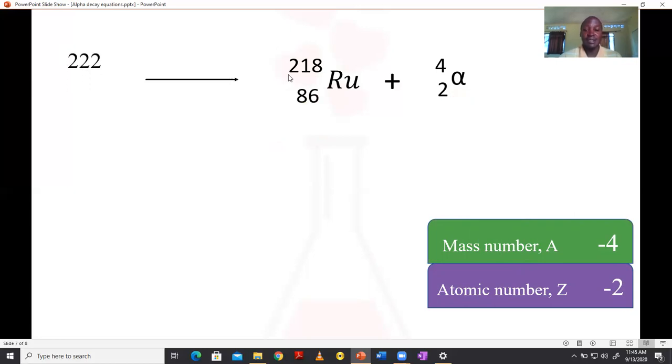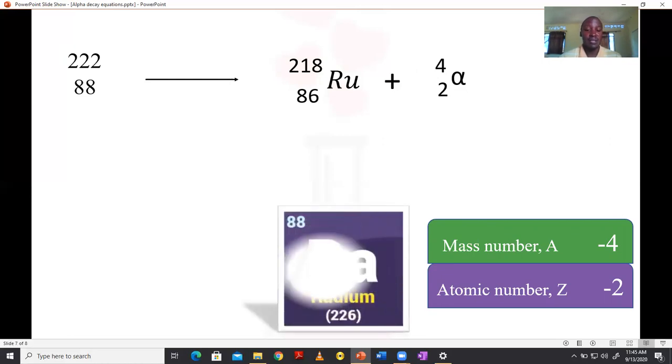While the mass number will have decreased by 4, so 218 plus 4, we shall get 222. But most importantly, it's the atomic number that always determines the type of element. So 88 is what we look for on the periodic table, and we shall realize it's radium as the element that underwent this kind of alpha decay.